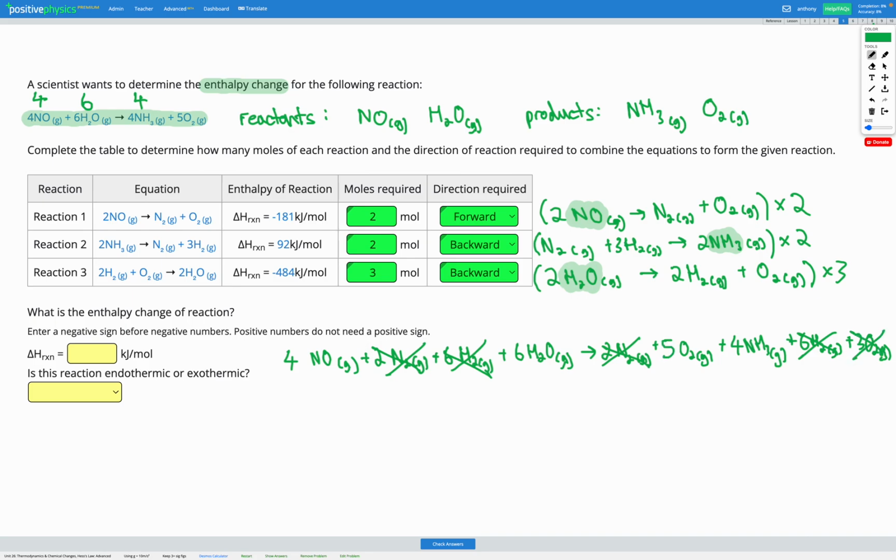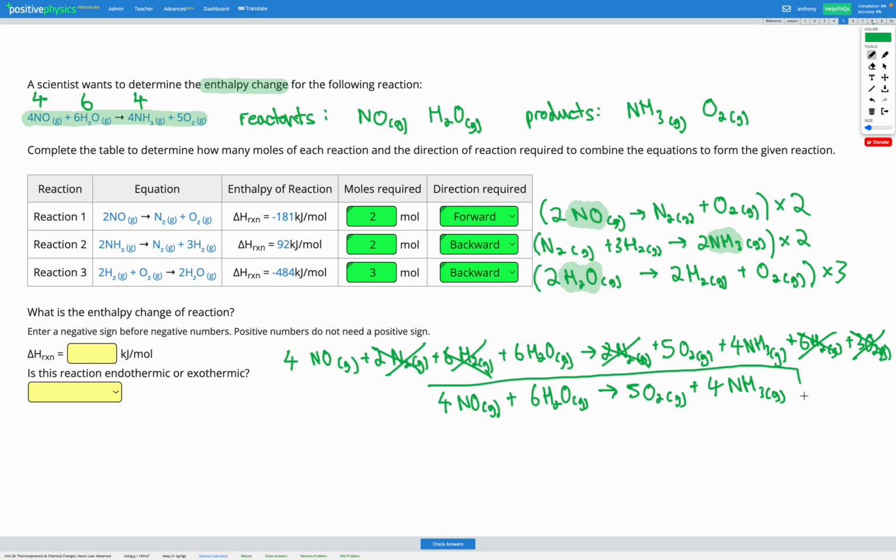So that leaves us overall with 4 NO gas plus 6 H2O gas goes to 5 O2 gas plus 4 NH3 gas.